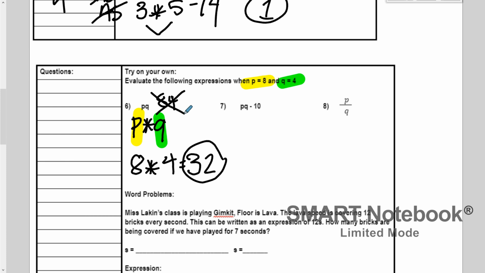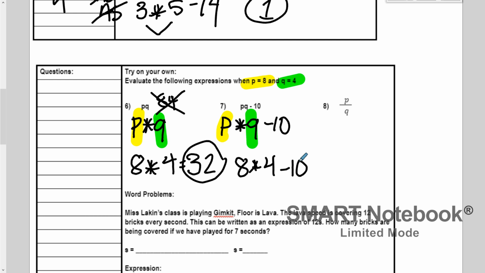All right. Now again, I've got my P times Q minus 10. So first I'm going to put in my P times Q. I'm just going to rewrite it with that multiplication sign. I'm going to highlight it for you so it makes it easier. We've got a P, we've got a Q, and we've got to substitute in those numbers that they told us. 8 for P, 4 for Q. So we've got, for P would be 8 times Q is 4 minus 10.